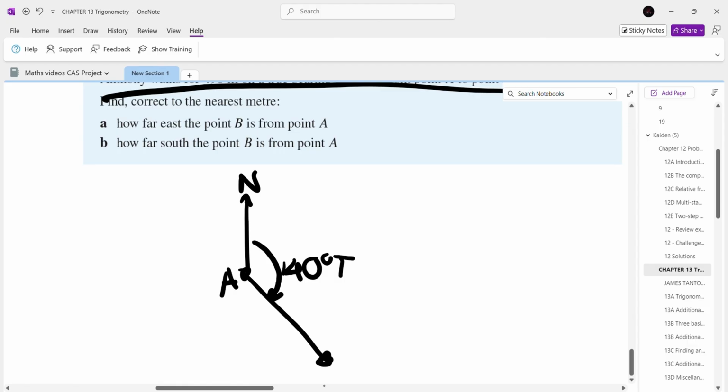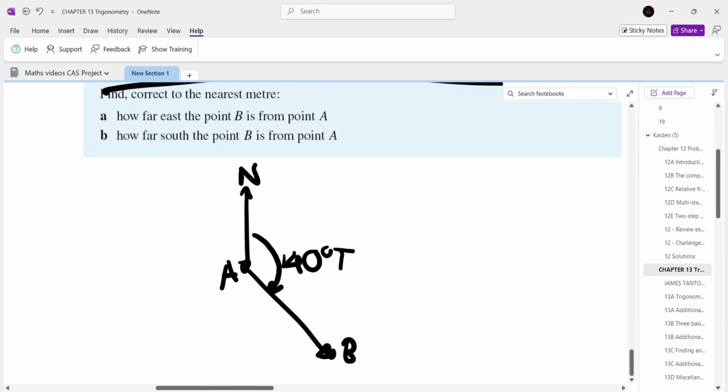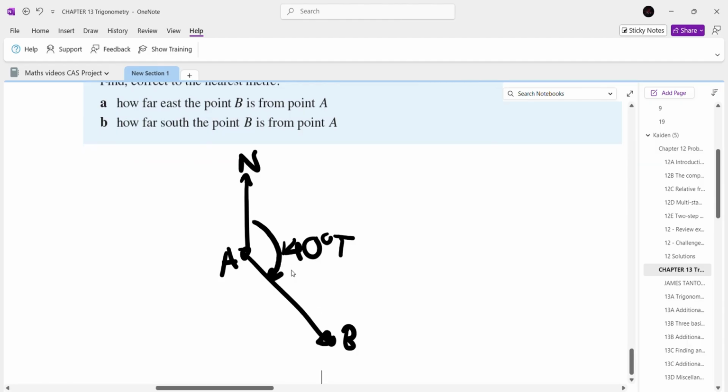This is point A, and this is point B. Right, and now using this, we can help find the distances between these. So how far east is point B from point A? Obviously, we've got north, south, east, west, right here.